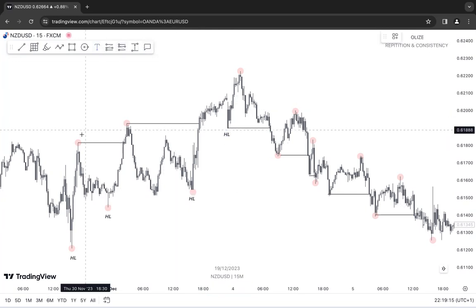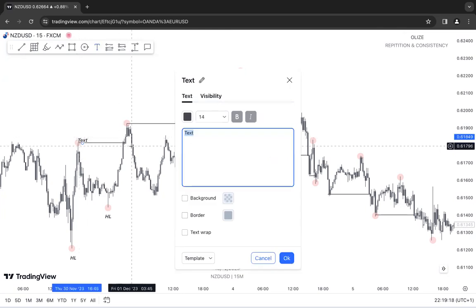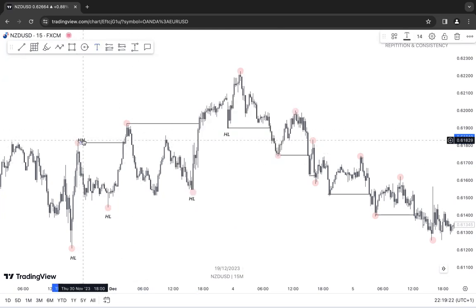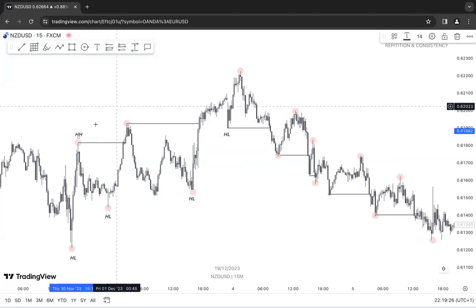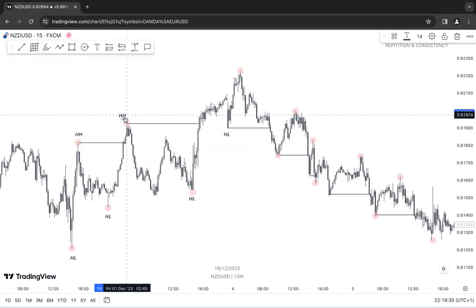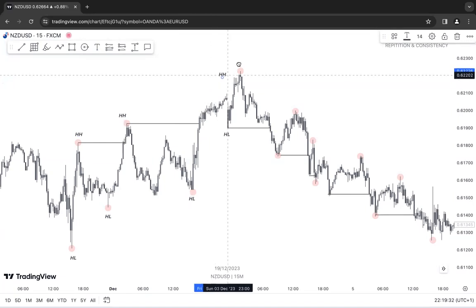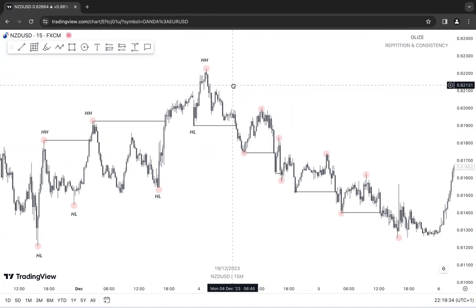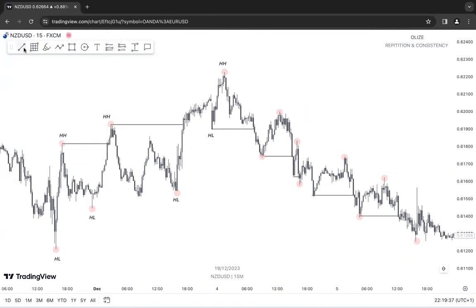And for a higher high, imagine. Yeah, so this is what an uptrend looks like.